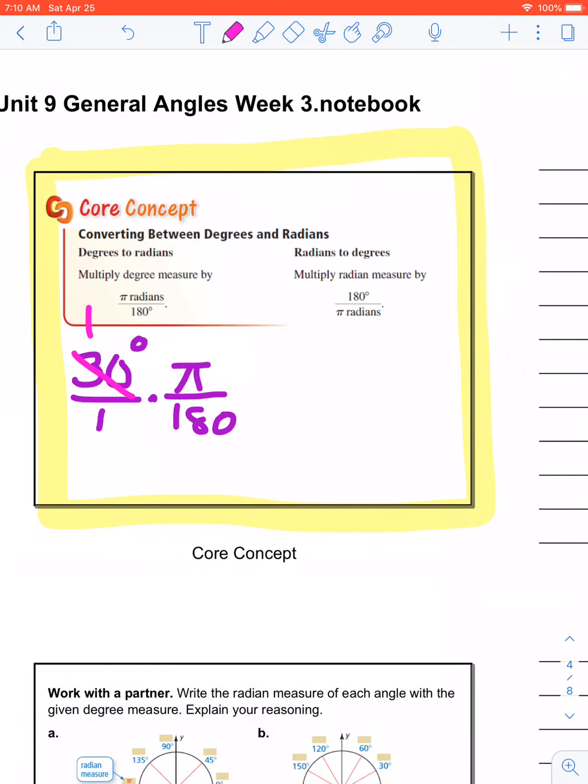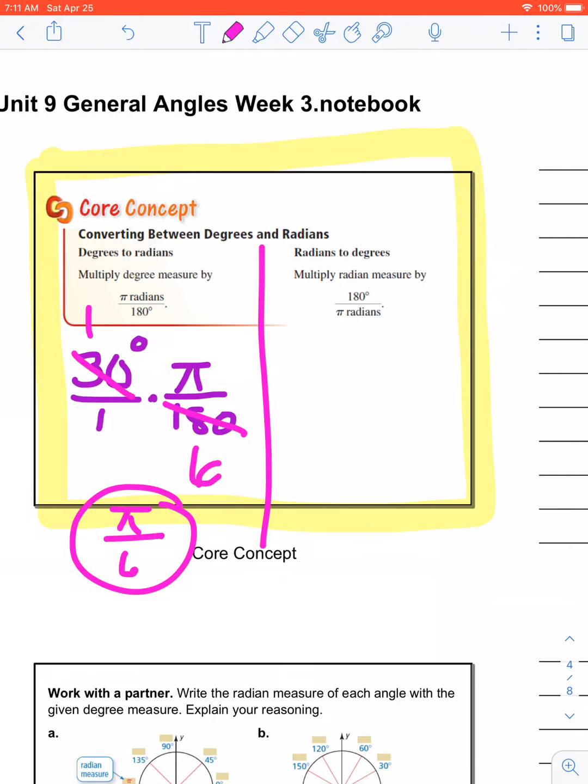This simplifies to 1 and this simplifies to 6, because 30 goes into 30 one time and 30 goes into 180 six times. So then I'm going to multiply straight across and I get pi over 6 and I'm done. So 30 degrees is the same thing as pi over 6 in radian measurement.